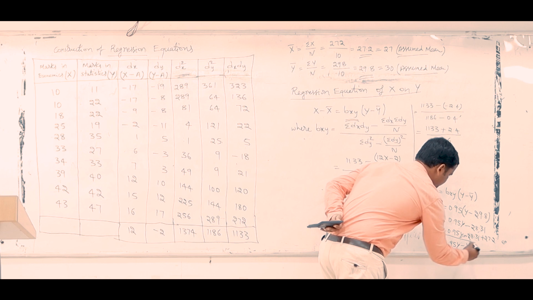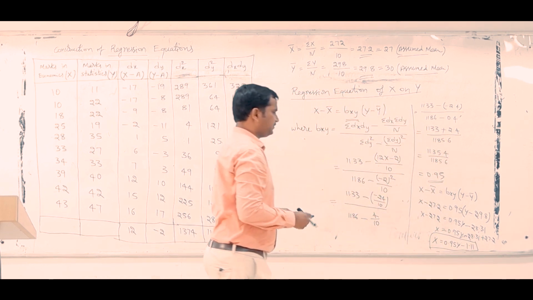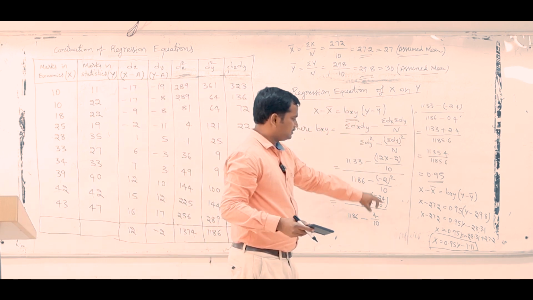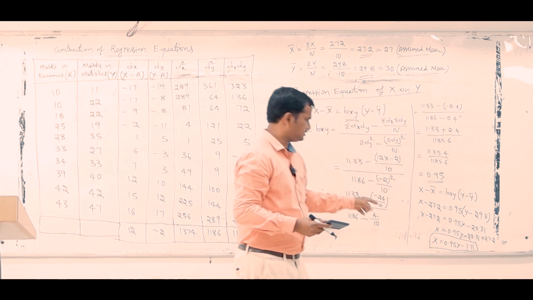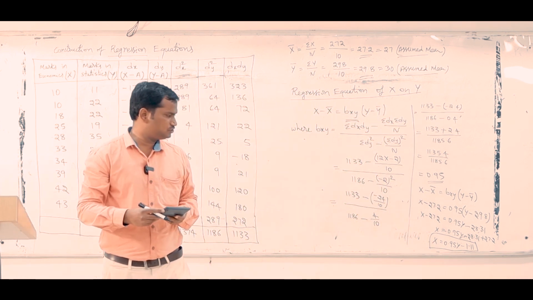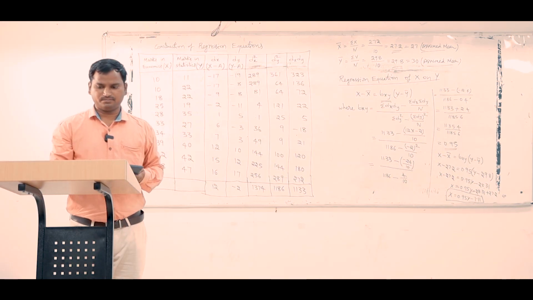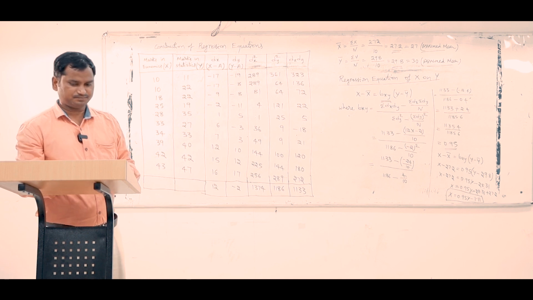So this will be the regression equation of x on y. Regression equation of x on y means this equation will have x as the variable. So x is equal to 0.95y minus 1.11. So that is the one equation we constructed.